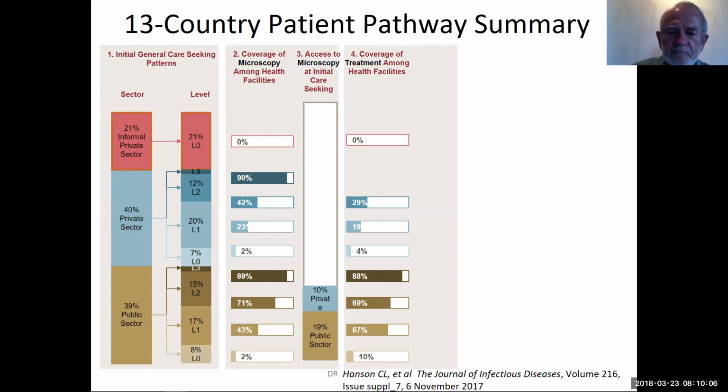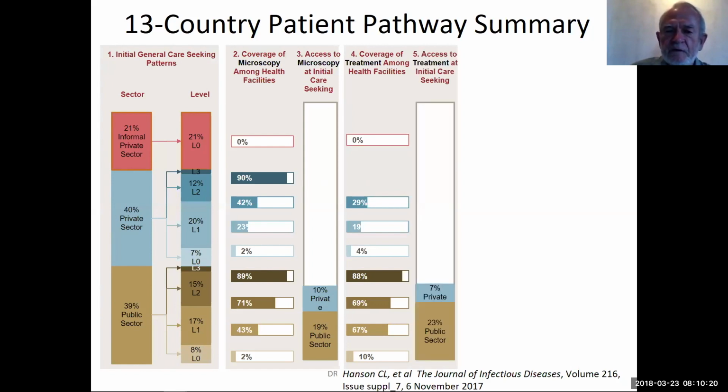In the private sector, about 69% of the facilities could provide TB treatment, whereas 67% of the public sector facilities could provide treatment. So the likelihood of a person entering care, being diagnosed as having tuberculosis and having access to treatment was only 7% in the private sector and 23% in the public sector.